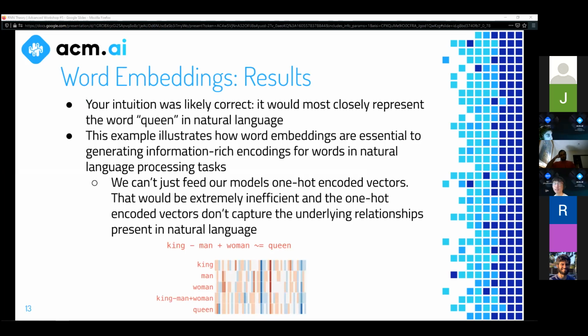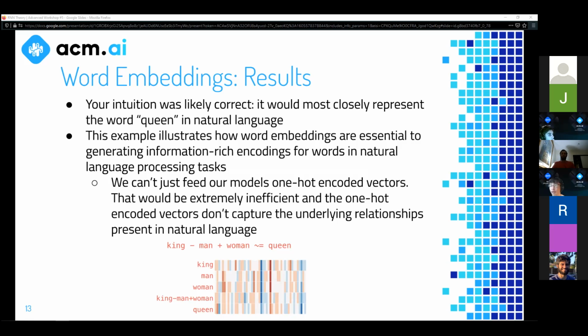This last slide shows the power of word embeddings: they encode the meaning of these words and not just the words themselves. So you can do interesting things like arithmetic with the words and get something meaningful, like king minus man plus woman equals queen.